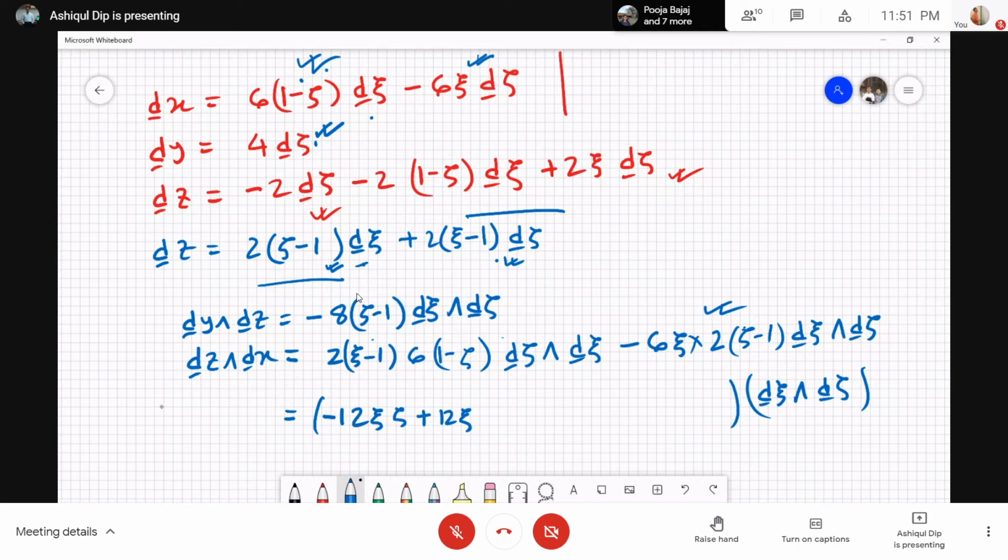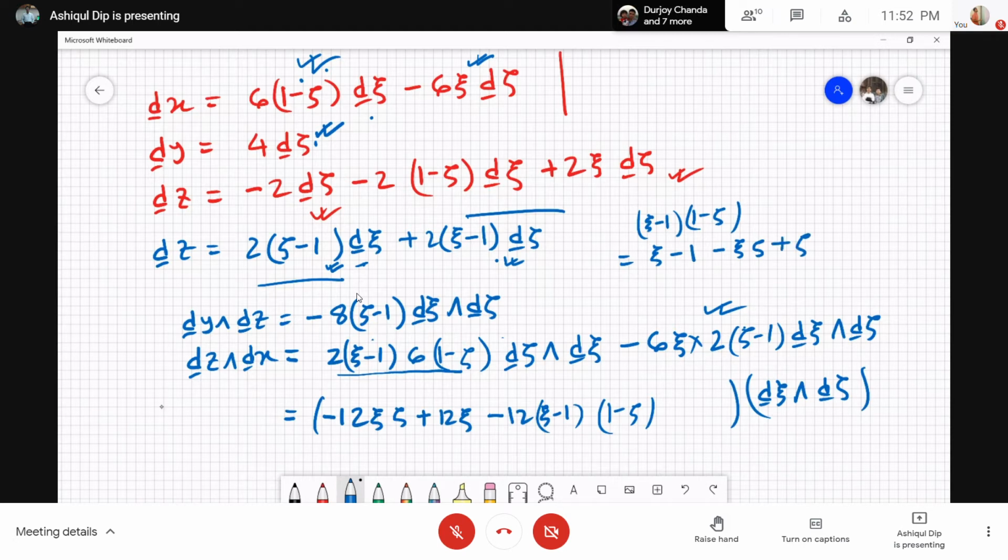Okay, then this part: it's already 12 times something, right? It's just minus 12, because we switched that thing as well. Yes, minus 12 times (xi minus 1)(1 minus zeta). Please perform the multiplication. xi minus 1 times 1 minus zeta is xi minus 1 minus xi zeta plus zeta, right?